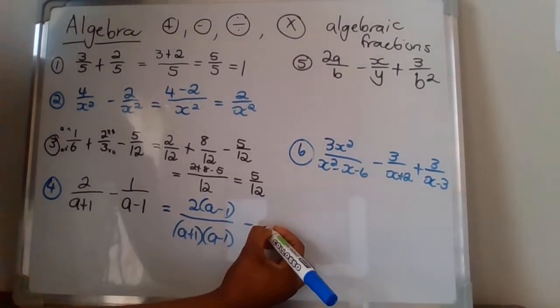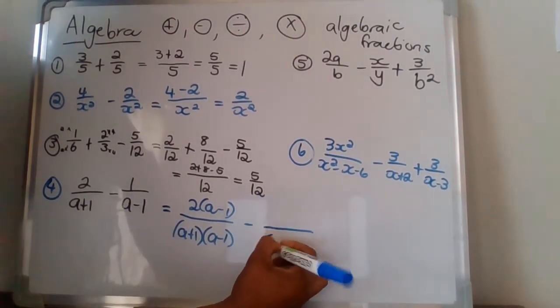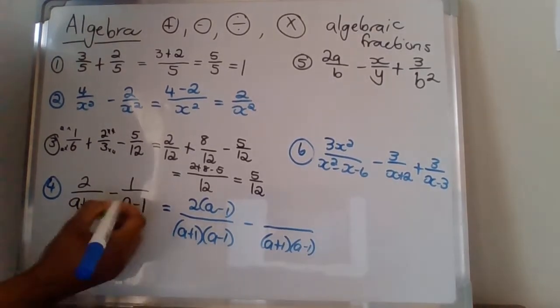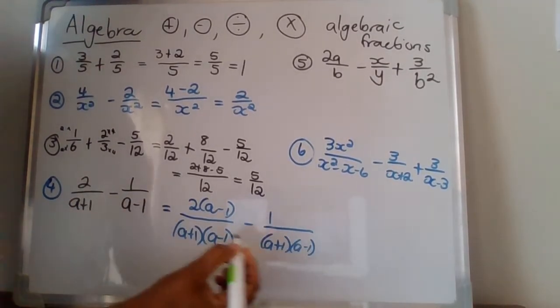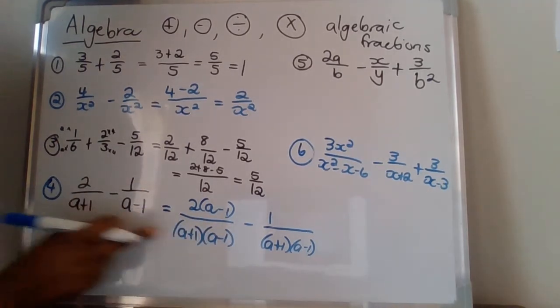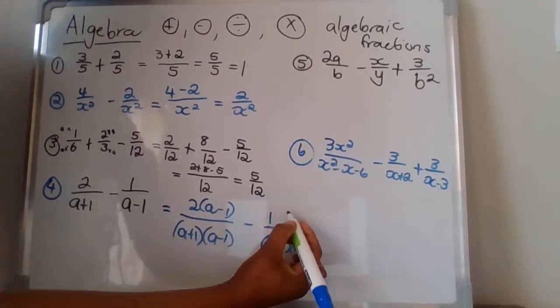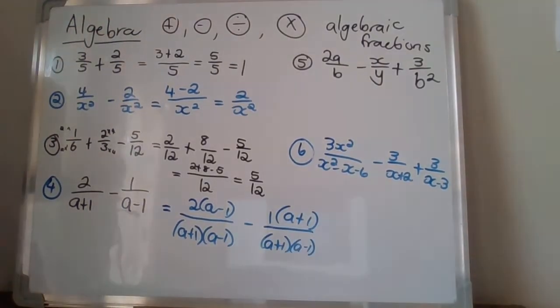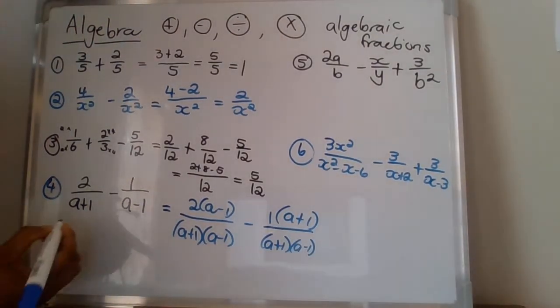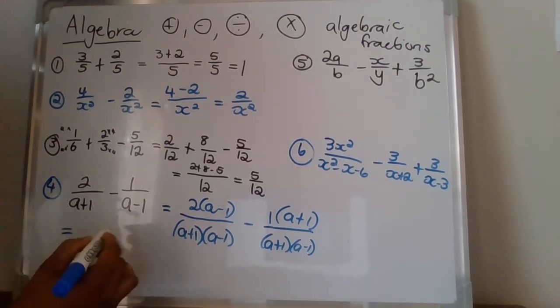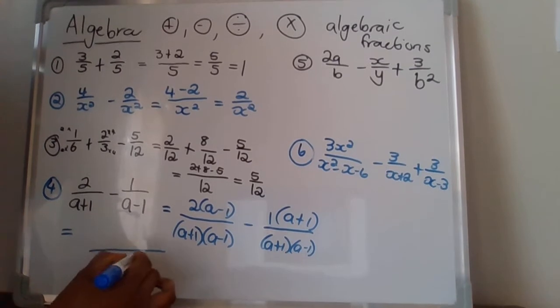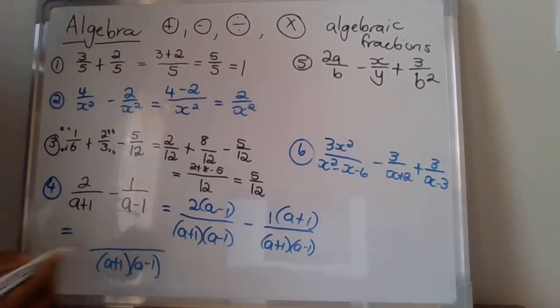Here at the bottom, if I make this the same denominator, a plus 1 times a minus 1, at the top I had a 1 there. So what did I do to this denominator? I multiplied it by a plus 1. So I need to multiply the top also by a plus 1. Okay. So if they share the same denominator, then I can add my numerators.